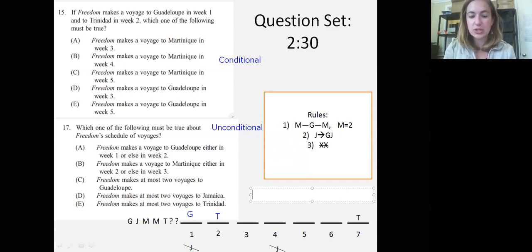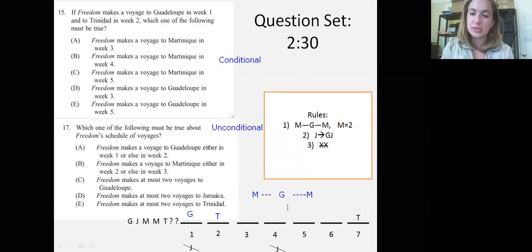So if I start kind of sketching this out up at the top, I know I'm going to have an M, a G, and an M that need to fit in spaces 3 through 6, since I can't use that first G to go in between the 2 M's. And my rules did tell me that every letter has to be used. So I know that I'm also going to have to use a J. And according to rule 2, that J has to come after a G.